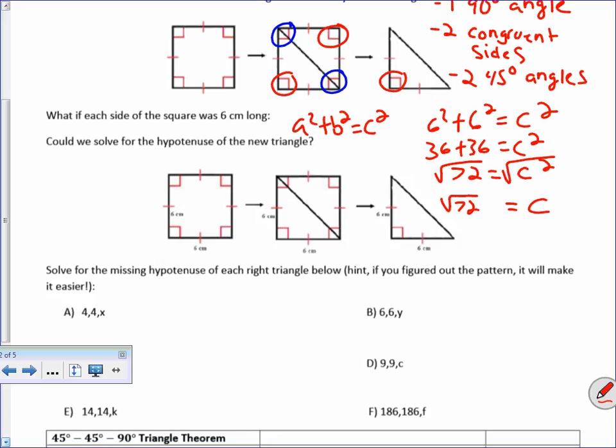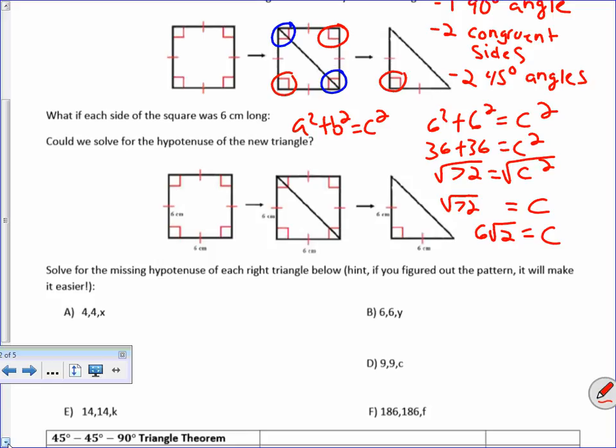Now, what we also learn is that most of the time on SOLs and tests, they ask us to simplify the radical. So if we simplify the square root of 72, it's actually going to be 6 root 2, which is equal to c. So the square root of 72, radical simplified, is 6 root 2.